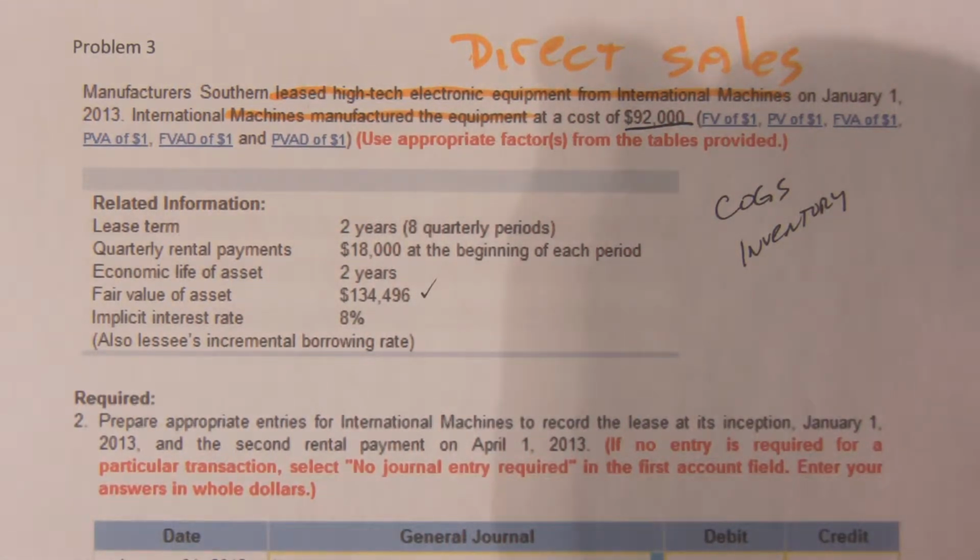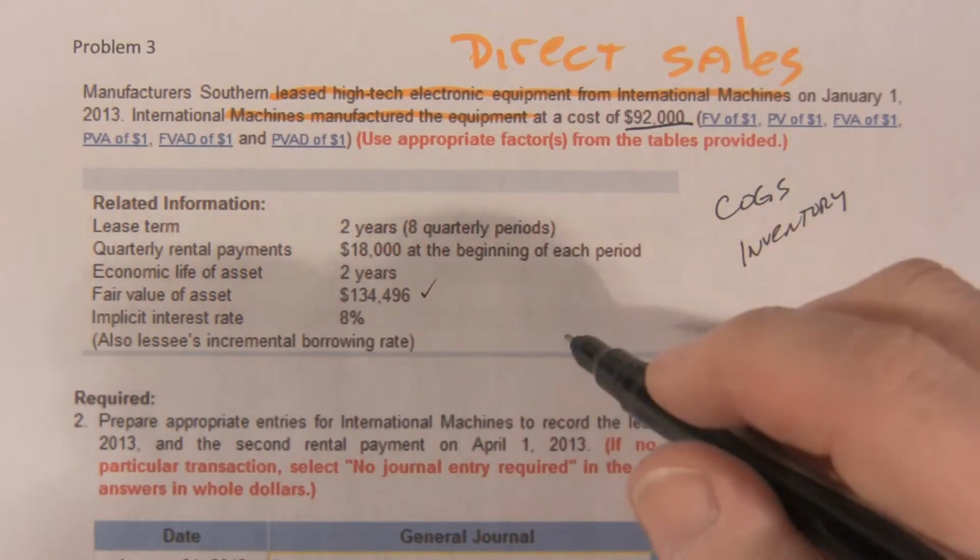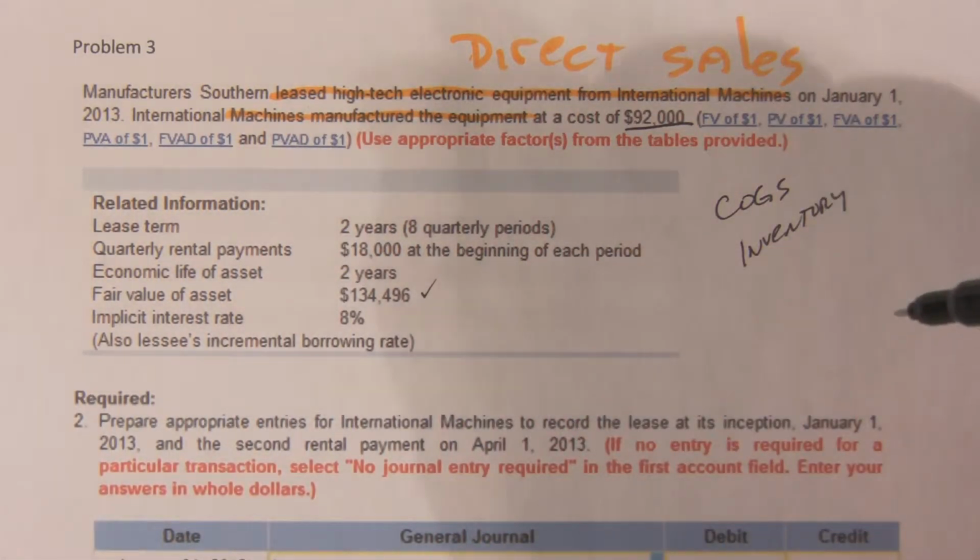Because they tell us that fair value of the asset is 134, so that's the amount of the receivable. And we have to figure out the interest rate. We're given 8%. I would double check, and if you do, you find out that it is indeed 8%, okay?